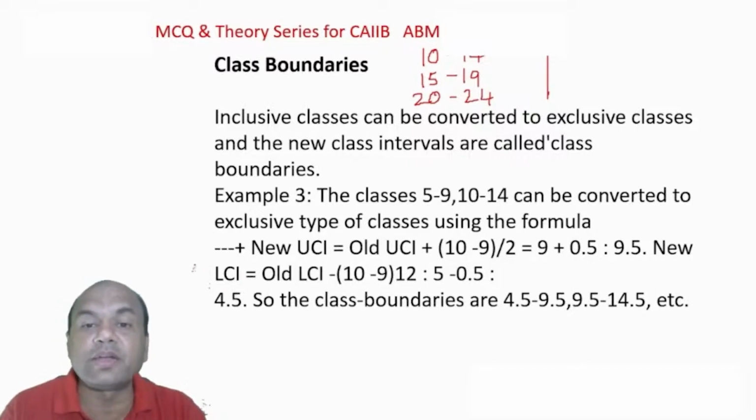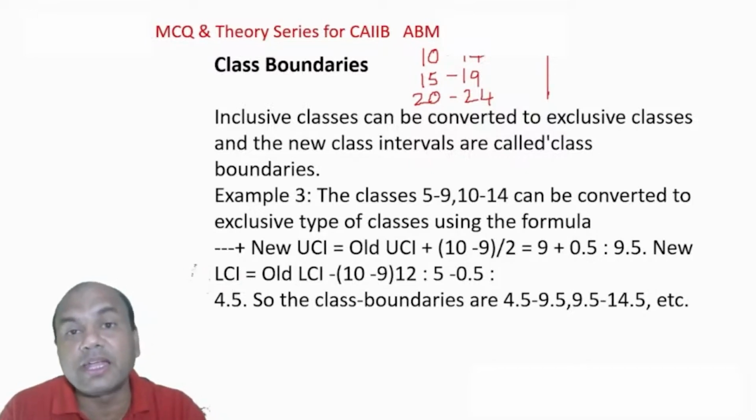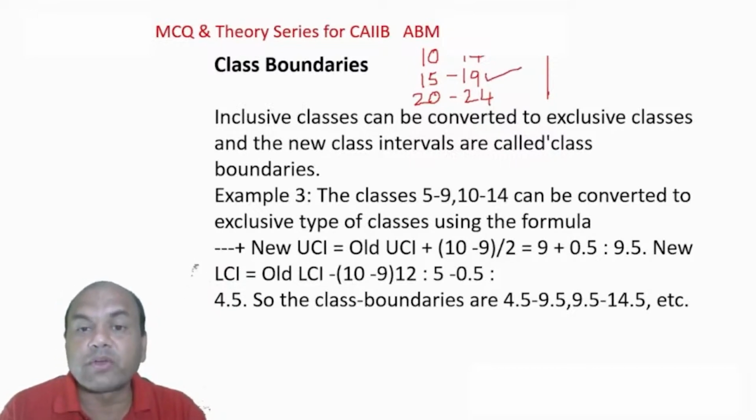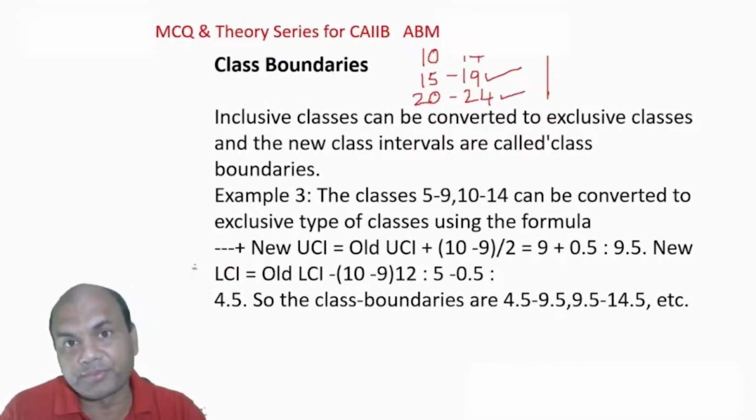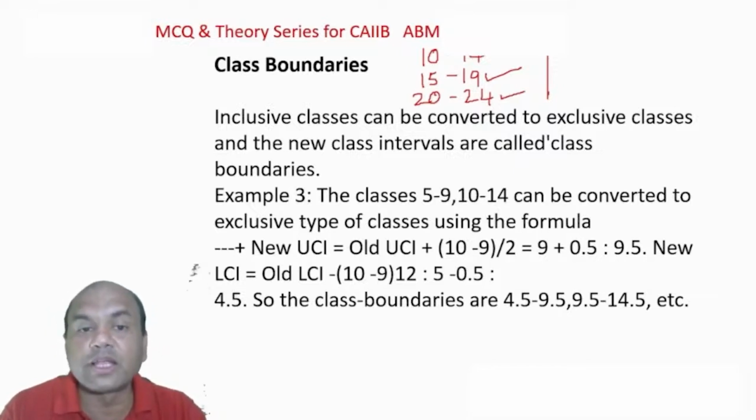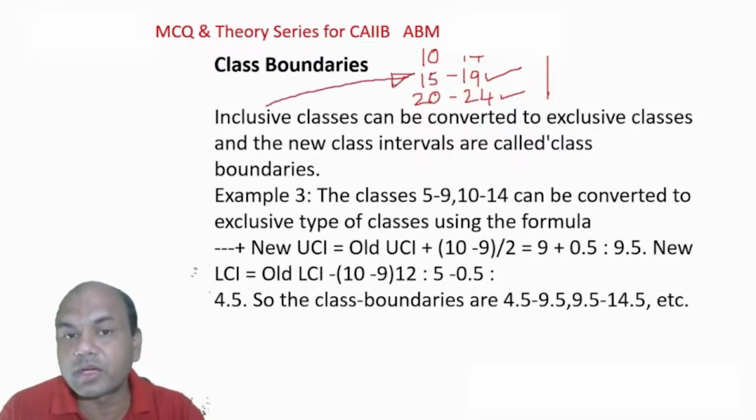If I get 17, I'll place it in this group. If I get 19, I'll place it in the second group. If I get 24, I'll place it in the third group. So this group, where the upper and the lower boundary are included, is known as an inclusive group. Inclusive means where the upper and the lower limit, you can call it maximum and minimum, are included, and that is known as an inclusive class.